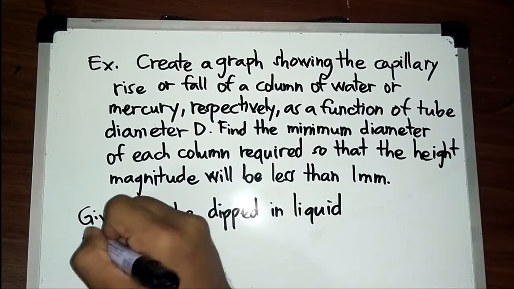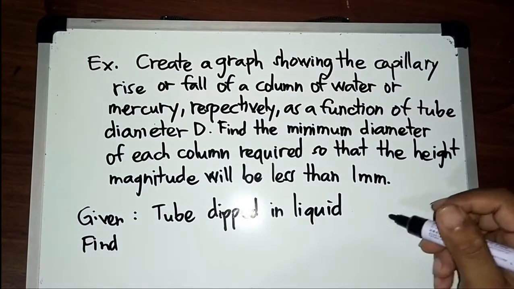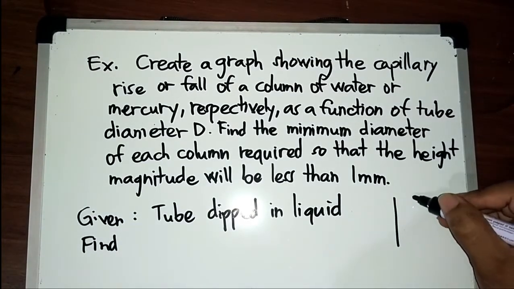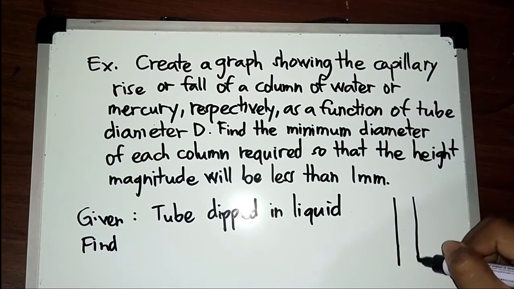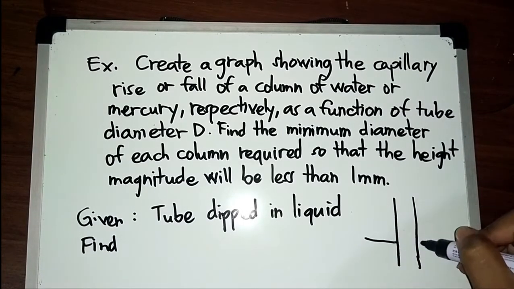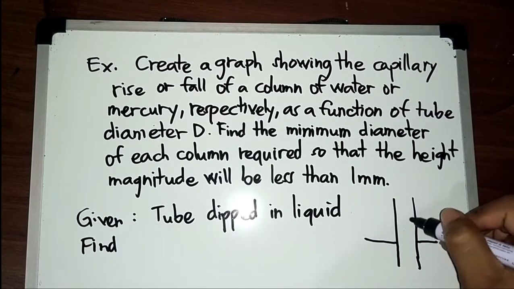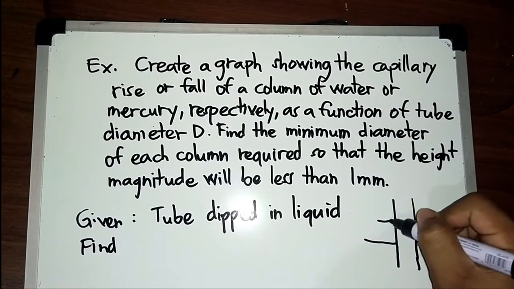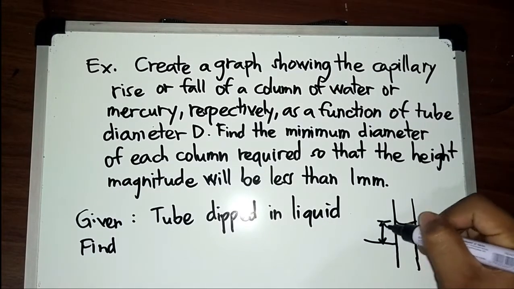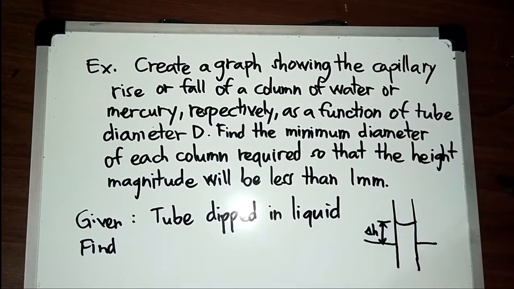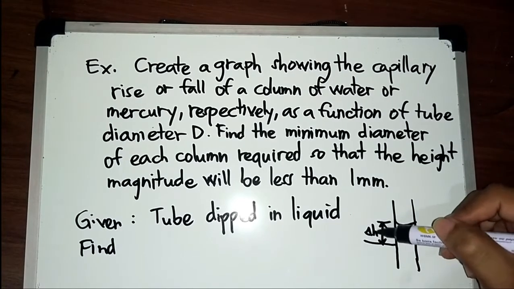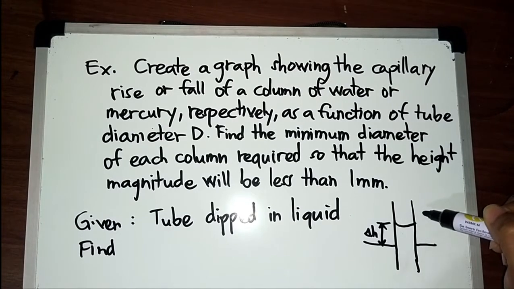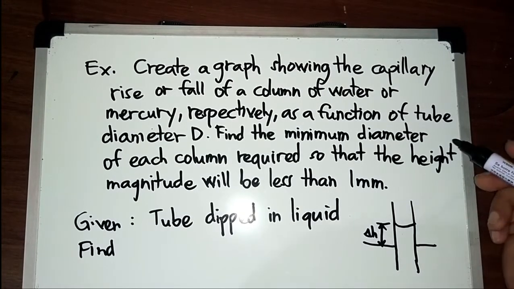Then find, so when we say tube depth in liquid, this is the tube, this is the liquid, this is the meniscus region, and this is delta H, the difference in the elevation inside the tube and outside the tube.